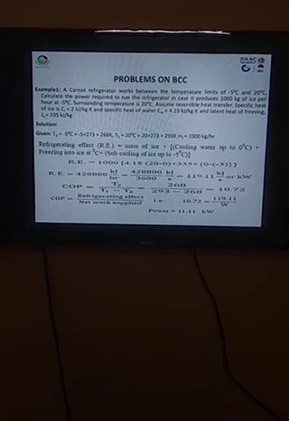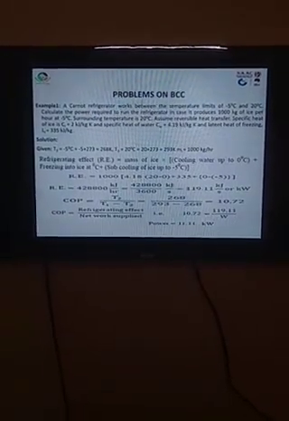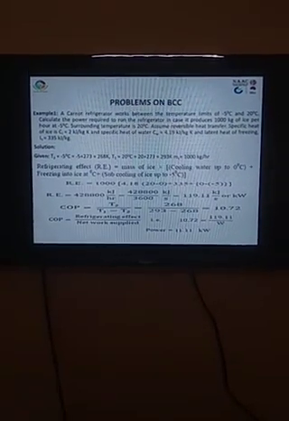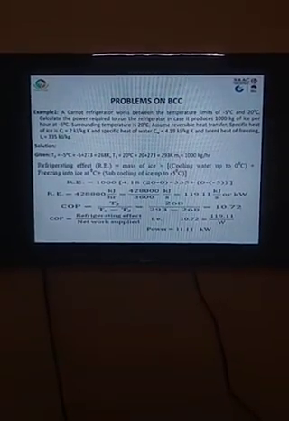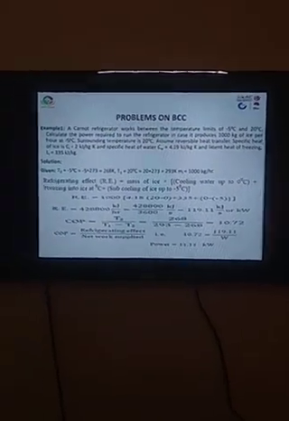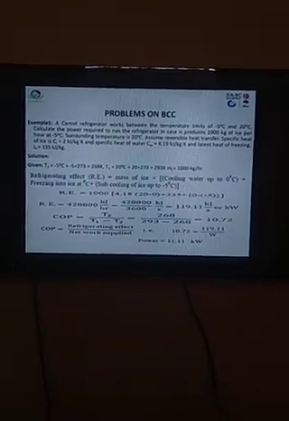This is shown in the slide: refrigerating effect is equal to 1000, that is mass of ice, into bracket 4.18, nothing but the specific heat of water, multiplied by the difference of 20 minus 0 degree, plus 335, that is the latent heat of freezing, then plus 2 into 0 minus of minus 5.